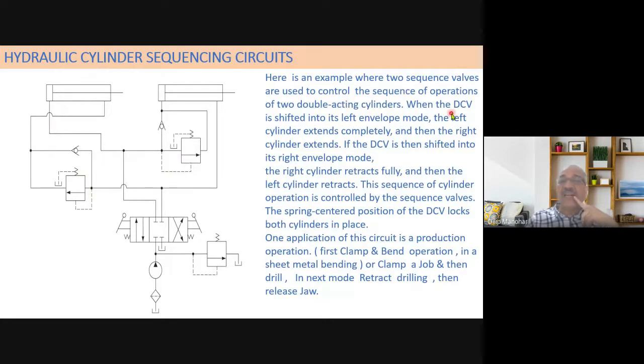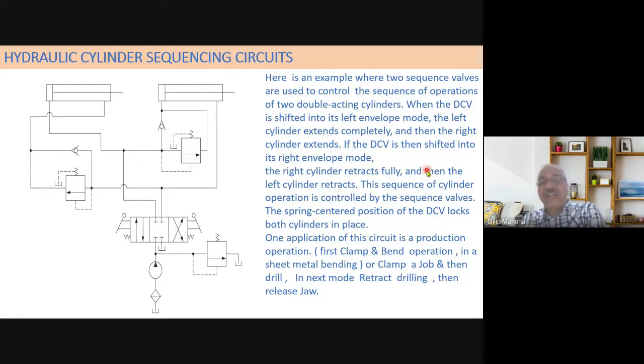Let us read that. When the direction controller is shifted to the left envelope, the left cylinder extends completely. Then the right cylinder extends automatically. First, the left cylinder gets actuated, and once it is complete, the right cylinder gets actuated.